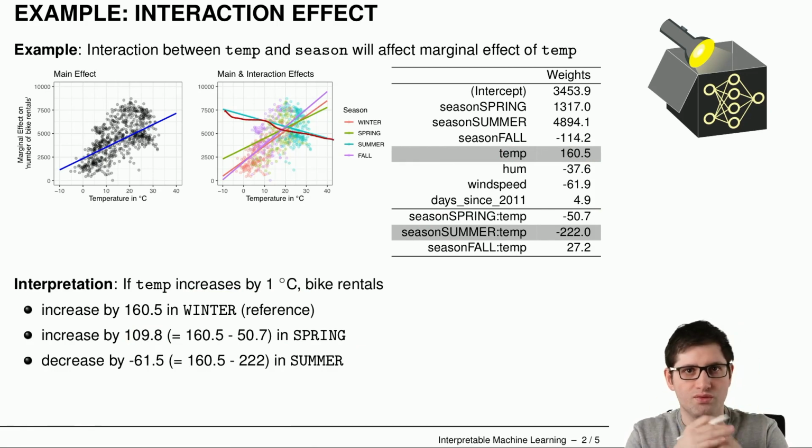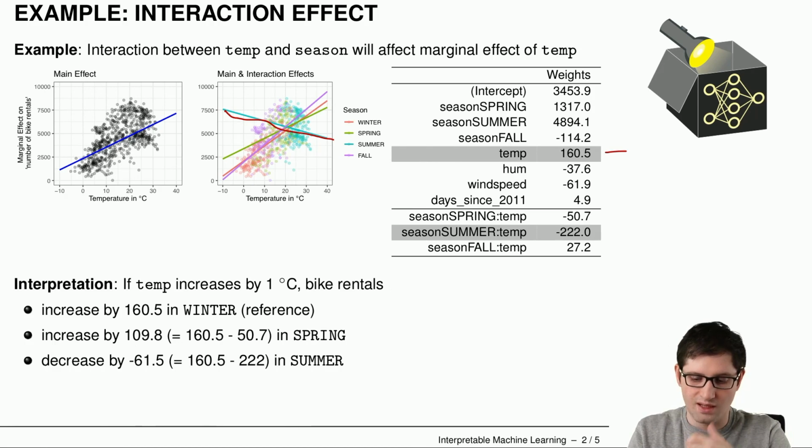Maybe it's also intuitive that in summer, when the temperature is high, usually if the temperature increases even more, cycling a bike maybe gets more and more unattractive. And this is probably what the effect has estimated here.